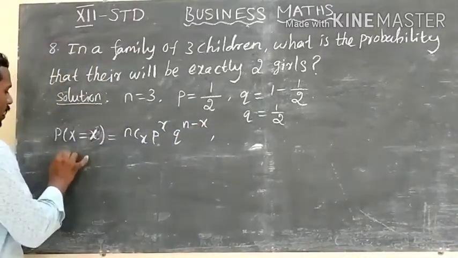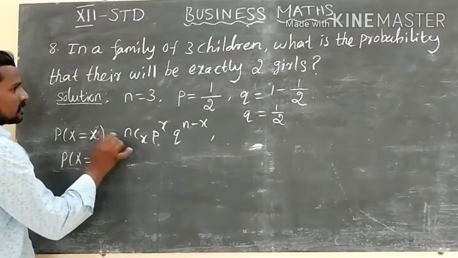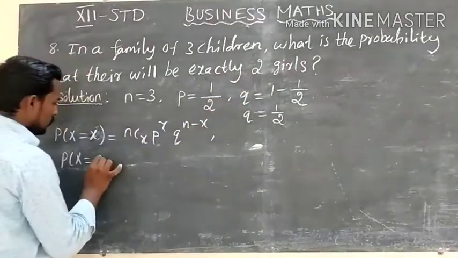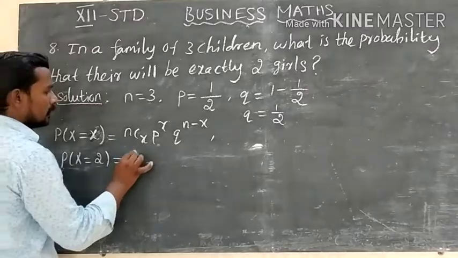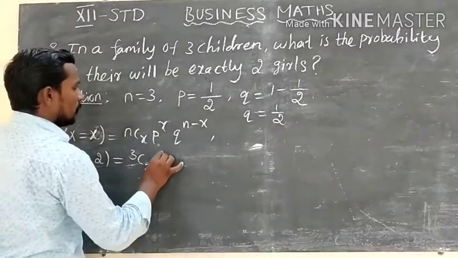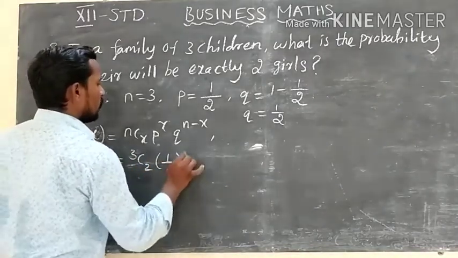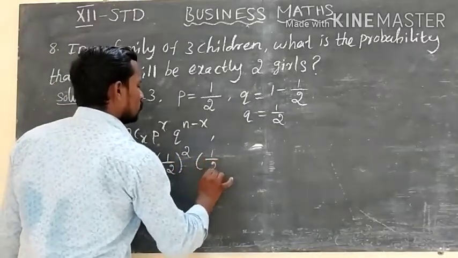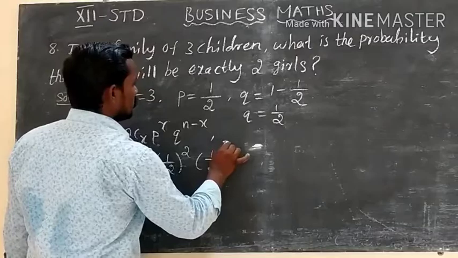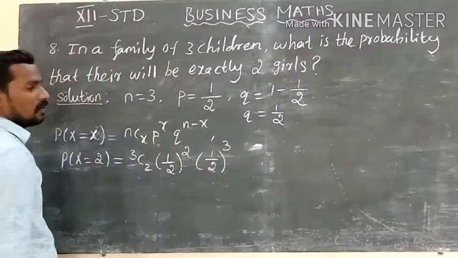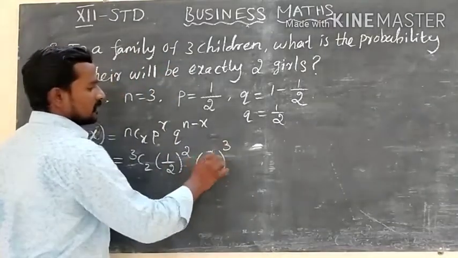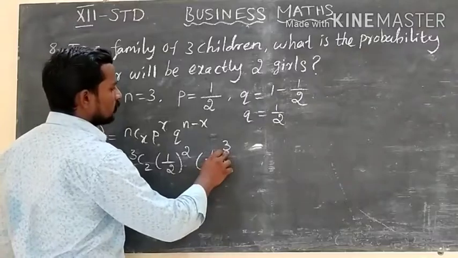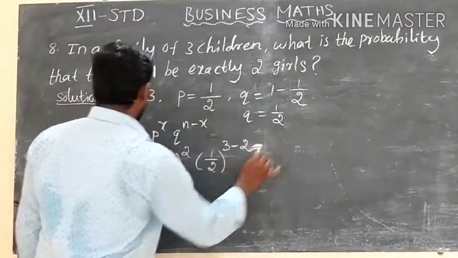Here, replacing the x value, x is now 2 because 2 is given. So P of 2 is equal to 3C2, p is 1 by 2 power x, x is 2, and q is also 1 by 2, n is 3 because there are 3 children in the family. Only children are mentioned here. So n is 3, n minus x is 3 minus 2.